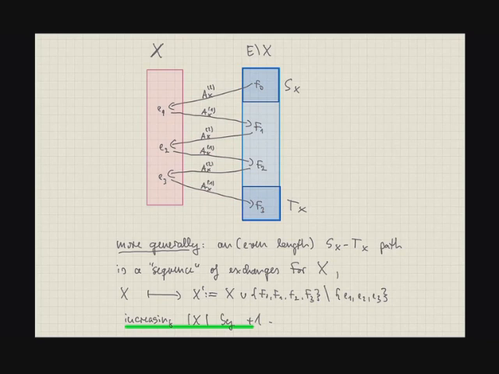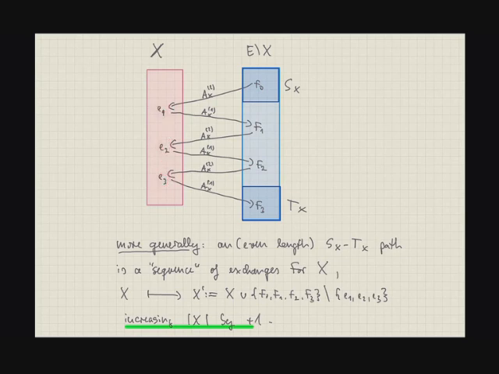I'm exchanging these 4 elements here on the right-hand side by these 3 elements on the left-hand side, with the idea that, first of all, I'm adding one more element, so I'm increasing the size of the set X. But second of all, because this is a directed path, the corresponding circuits that I generate when I add these 4 elements will be destroyed by removing these three elements here, right?